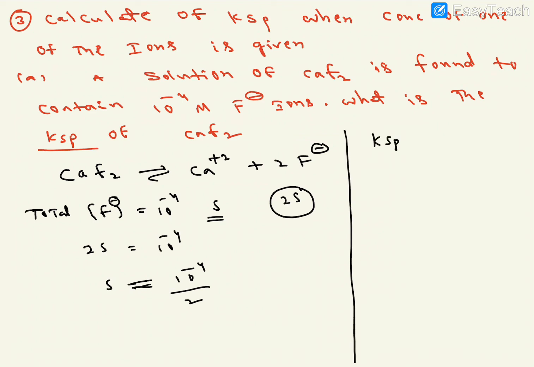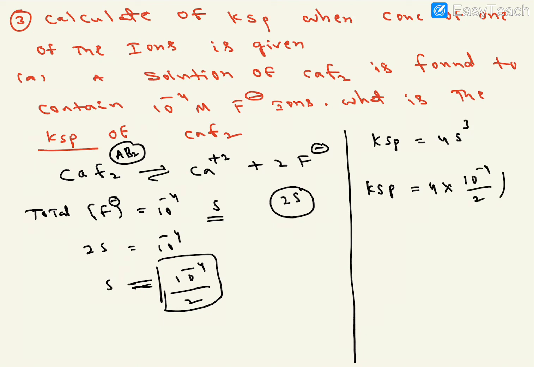Already we know that the solubility product KSP for AB2 type ions is equal to 4S cube, right? So we substitute the value of the one ion. KSP is equal to 4 into (10 to the power of minus 4 divided by 2) cube.